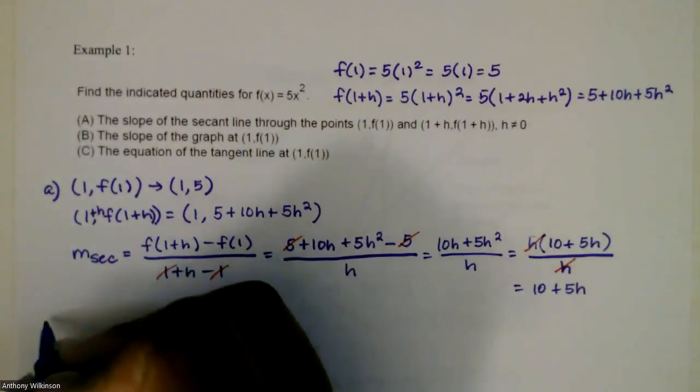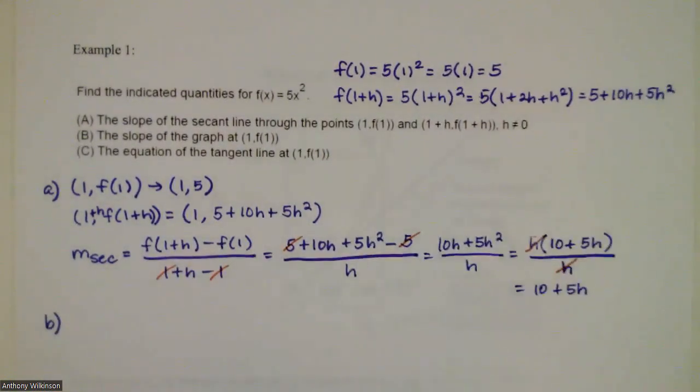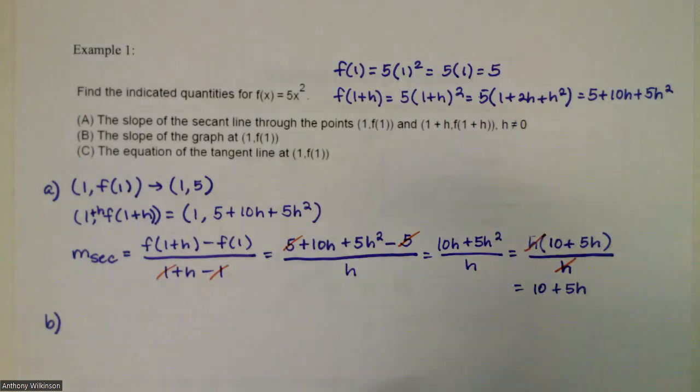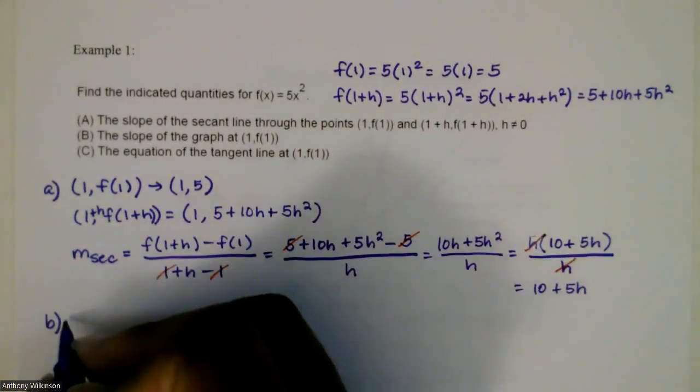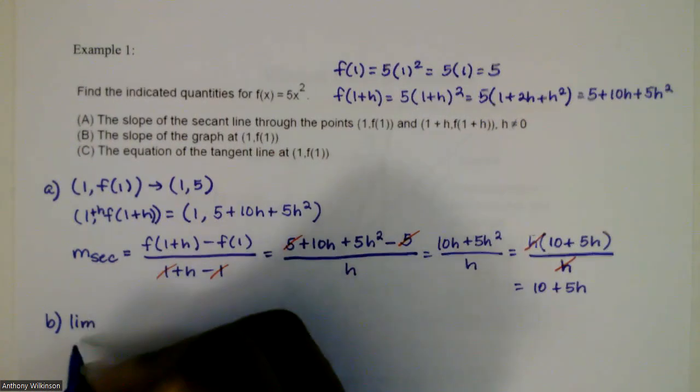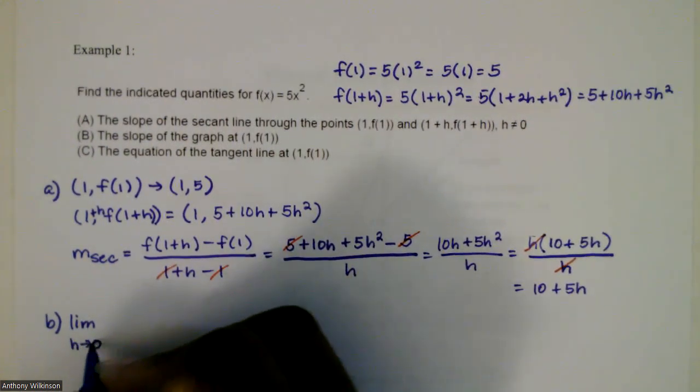Part B is to find the slope of the graph at 1 comma f of 1. So pretty much at the ordered pair 1 comma 5, this is where we take this expression here, 10 plus 5h, and take what they call the limit as h approaches 0.